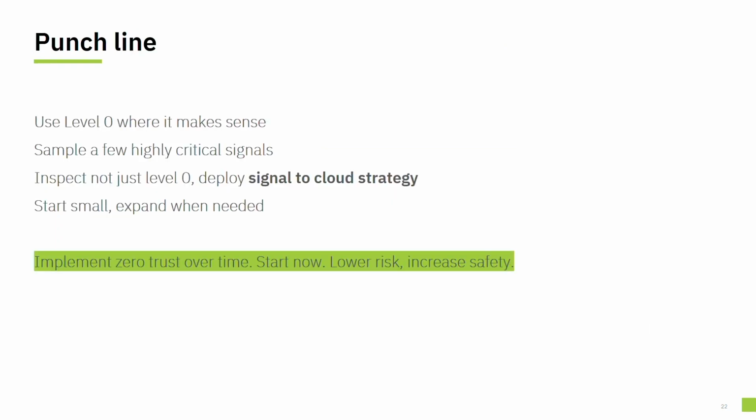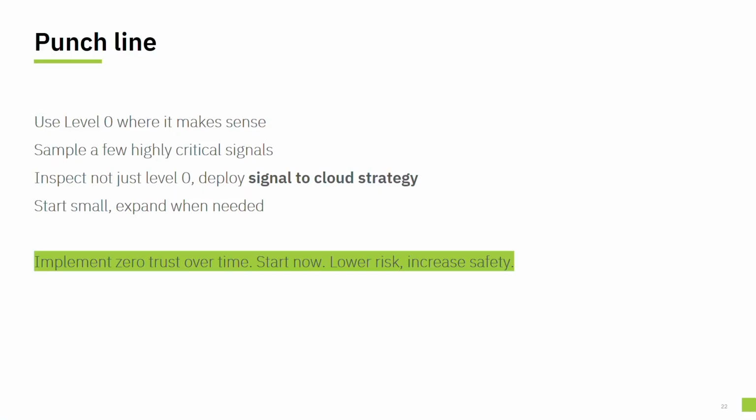So in a punchline, what we learn from this is you can use level 0 detection technology that's actually very good. It's there. It's available. And use it where it makes sense. Use it where we have critical KPIs, critical state in our cyber-physical system. And then sample very few signals.